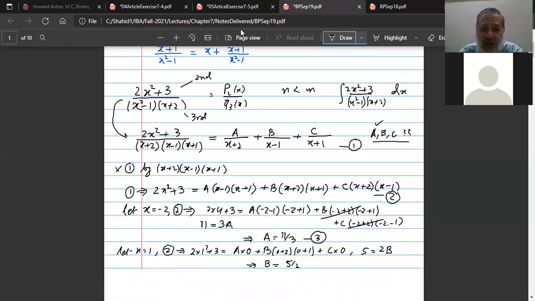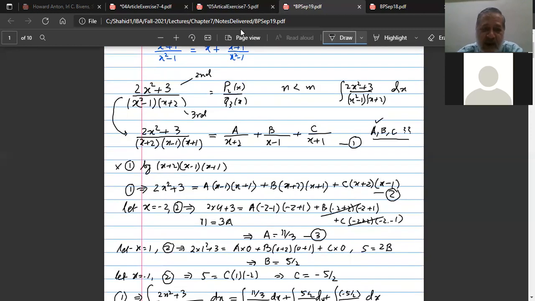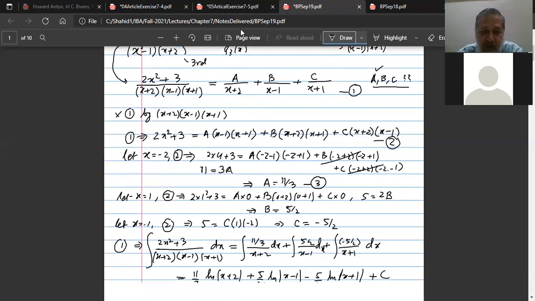The case when numerator has a degree less than the denominator and the denominator has all linear factors. For each linear factor in the denominator, we'll write constant upon linear factor term. And then algebraically find out the values of these constants as I described.